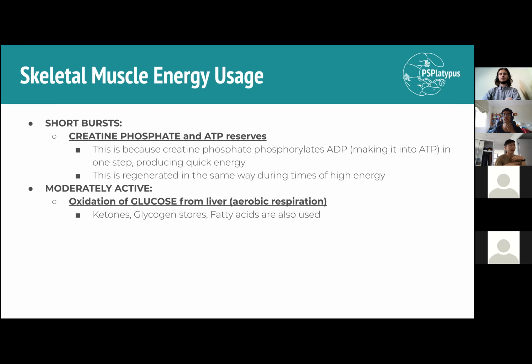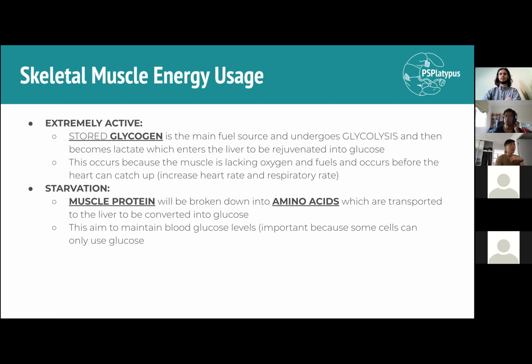During moderately active stages, oxidation of glucose from the liver via aerobic respiration, as well as ketone and glycogen stores, as well as fatty acids, are used in the background, but the major one is just glucose. During extremely active stages, stored glycogen is the main fuel source, and it undergoes glycolysis and then becomes lactic acid, as we're going via the anaerobic pathway, as it can create energy quickly.